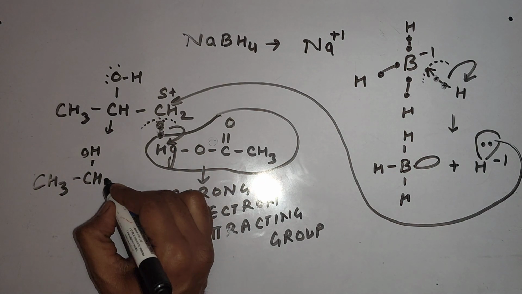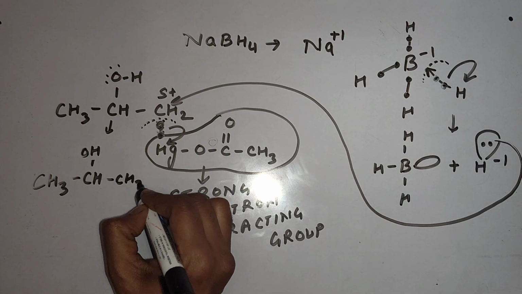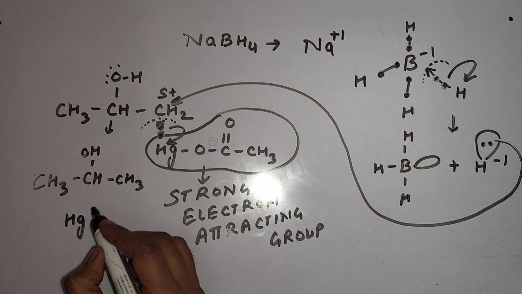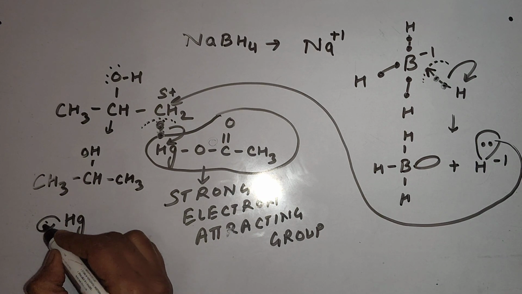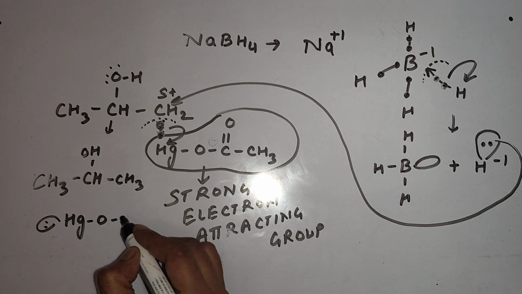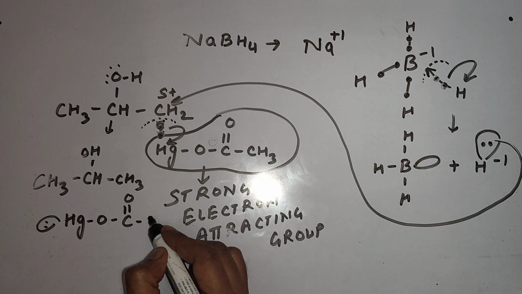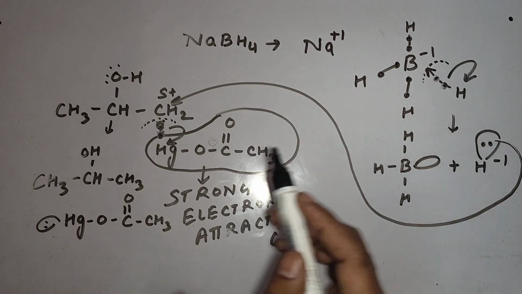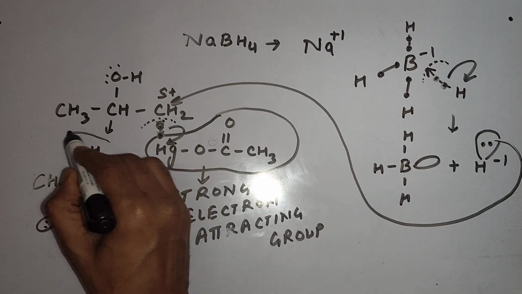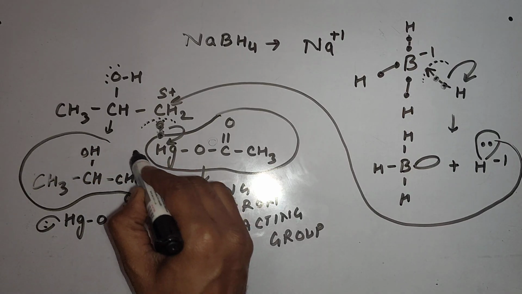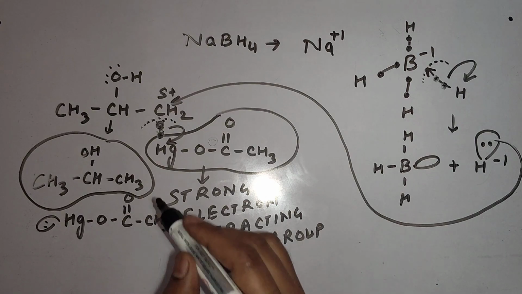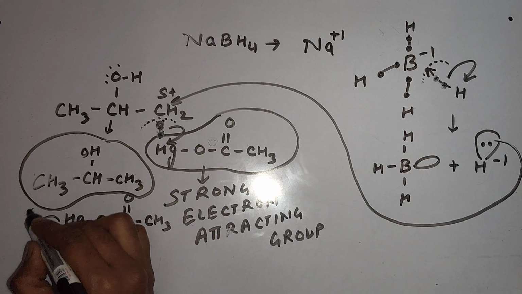Now we will have three hydrogens, and this mercury will be released as Hg carrying a lone pair, OCOCH3, this one. Please check this product. What is it? Alcohol. What kind of alcohol? 2-degree alcohol it is.